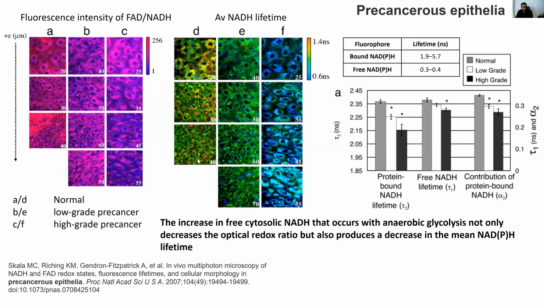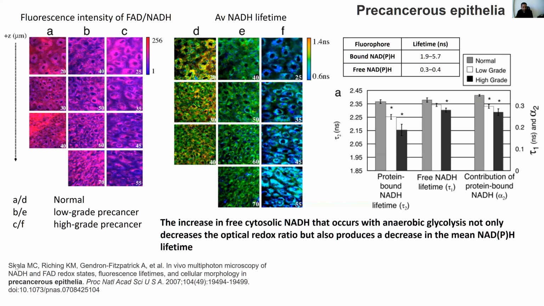You see average NADH lifetimes, and this is only the average lifetime, changing this way, this way, and this way, right? By looking at that, they found that the contribution of protein-bound NADH between the normal, low-grade, and high-grade cancers or precancerous epithelia changes. So this is decreasing. The main point of the paper is that the increase in free cytosolic NADH that occurs in anaerobic glycolysis not only decreases the optical redox ratio, but also produces a decrease in the mean NADH lifetime.